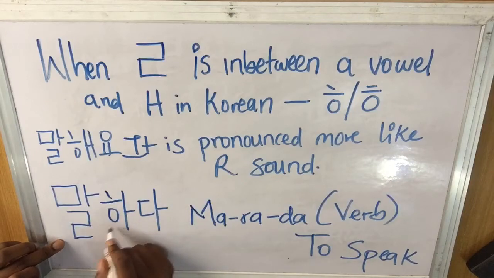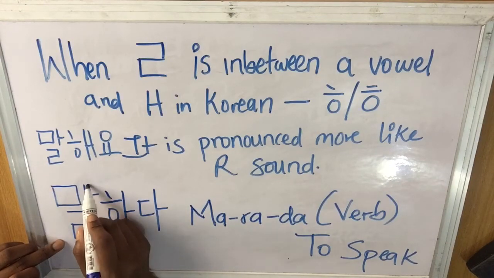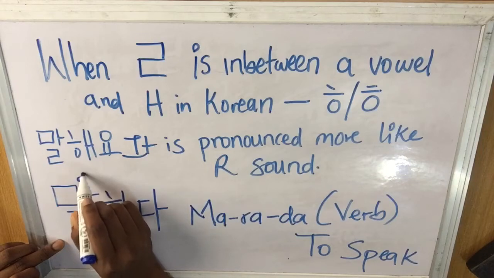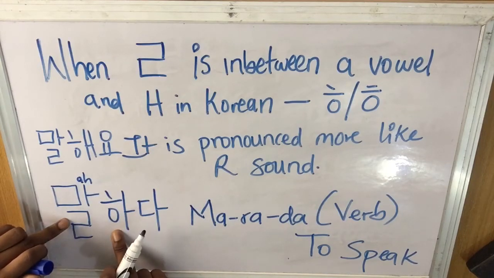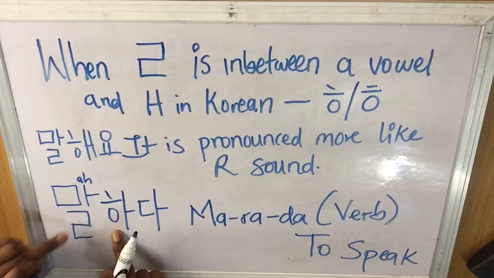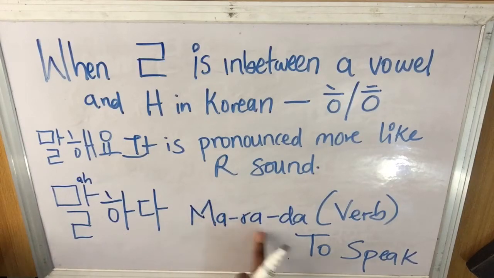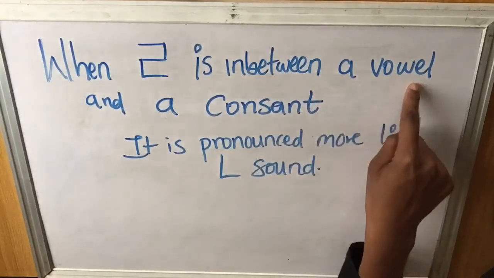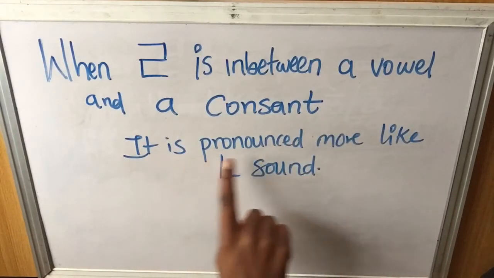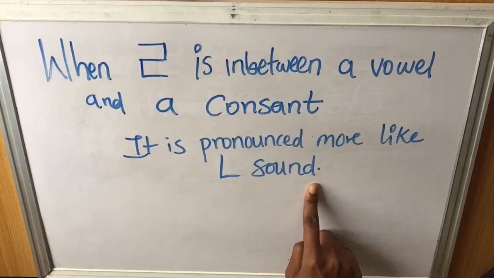So H came after rieul and then there's a vowel after it. So we have a vowel and H, and rieul is in between. So we pronounce this as R. So that's why we call it 말하다. I hope I'm not confusing you guys. If you have any questions, drop them in the comment section. So when rieul is in between a vowel and a consonant, it is pronounced more like an L sound.